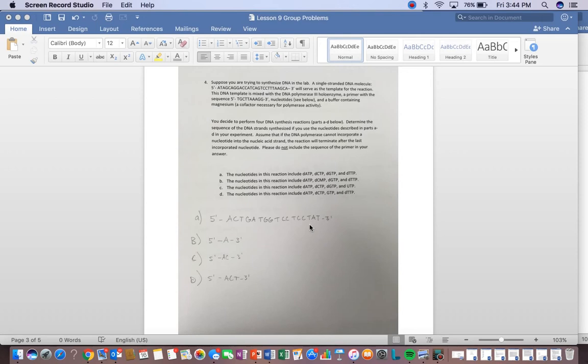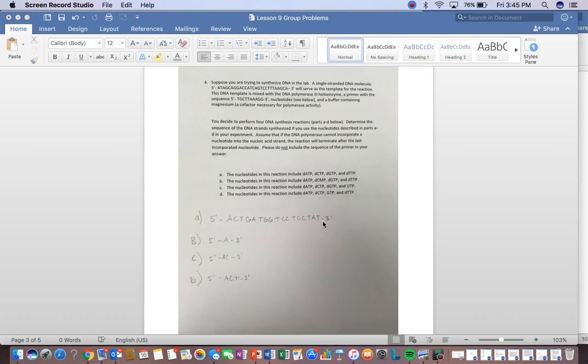Because we have all 4 of those nucleotides, we have everything we need to synthesize the entire rest of the strand. Continuing off of what the primer gave us, starting with the 11th one from the right on the sequence, which is the T up there, you just follow from right to left and read it, and that's what we get for part A.